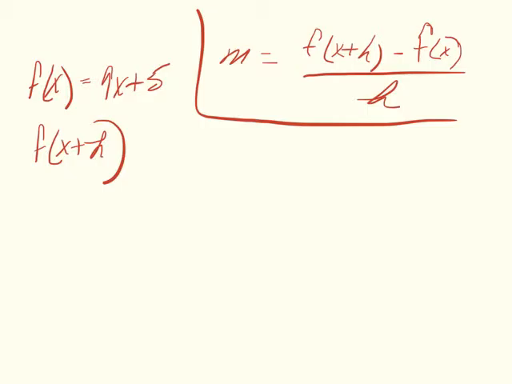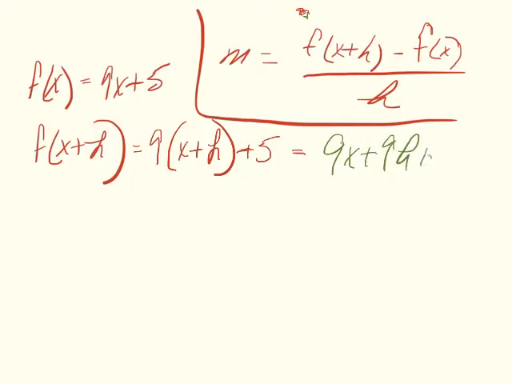So f of x plus h equals, and what that means, remember, is wherever we see an x, we're going to put an x plus h in its place. So therefore, 9x plus 9h plus 5.